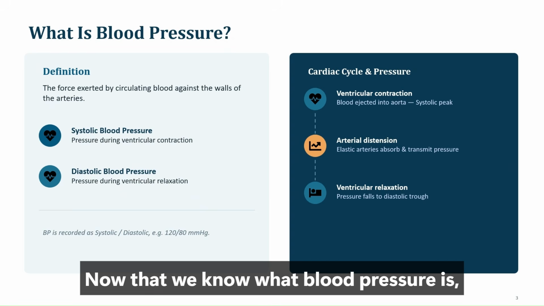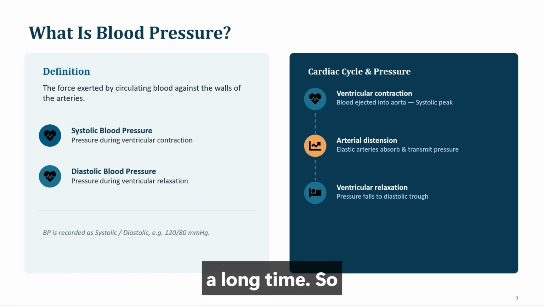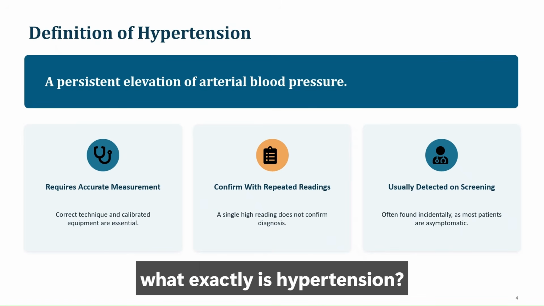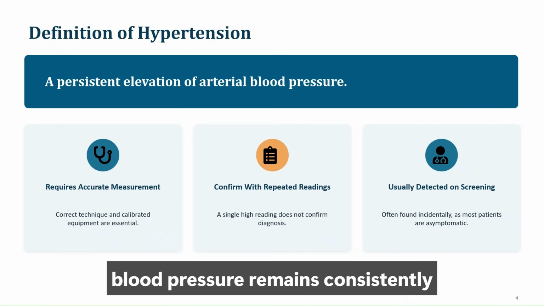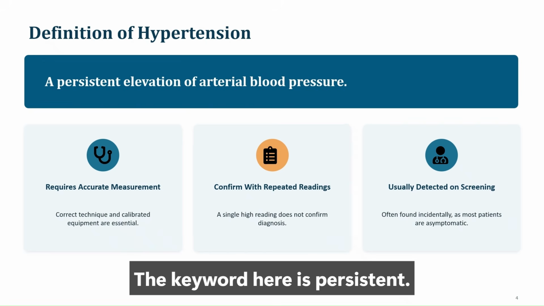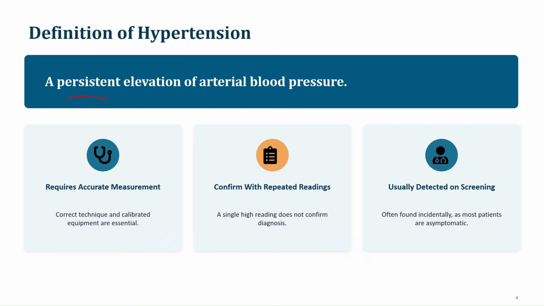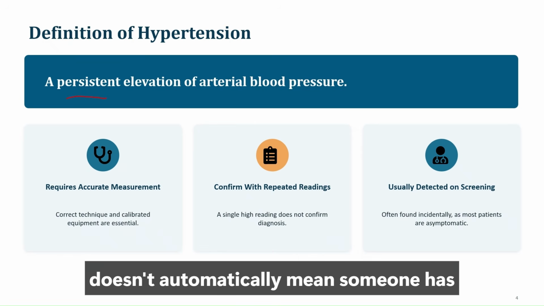Now that we know what blood pressure is, let's see what happens when it stays high for a long time. So what exactly is hypertension? Hypertension means that a person's blood pressure remains consistently higher than normal over time. The key word here is persistent. One high blood pressure reading doesn't automatically mean someone has hypertension.